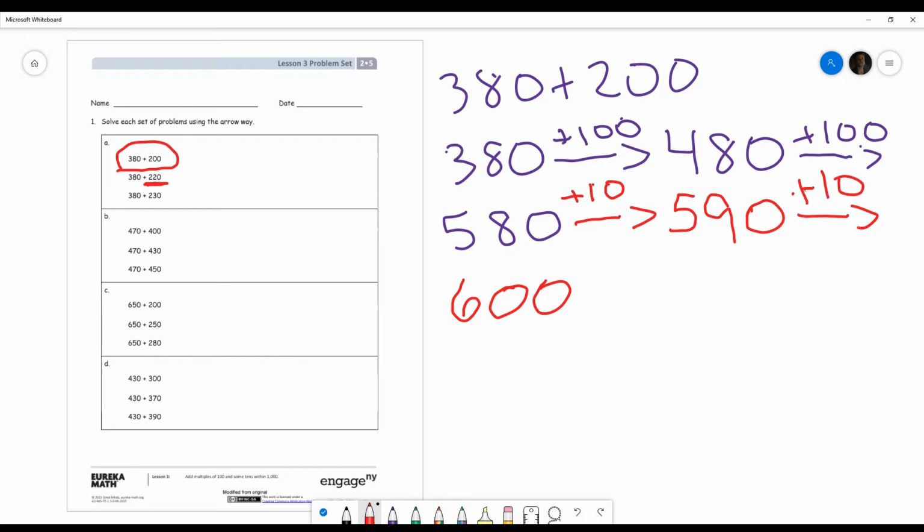Now let's look at the third problem set in A. 380 plus 230. Well, we're just adding 10 more than what was right above it, 220. So we can continue on with the arrow method, adding 10 more.